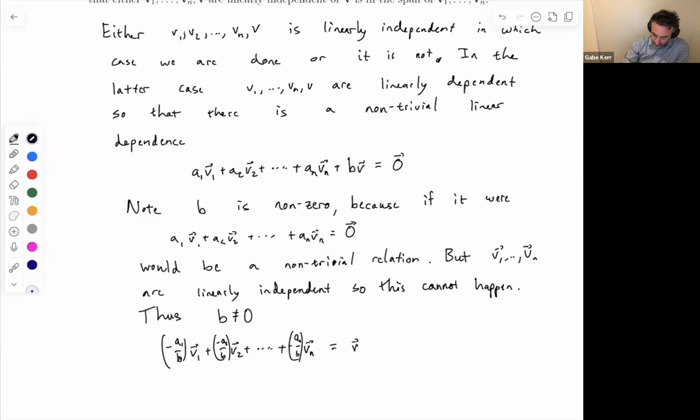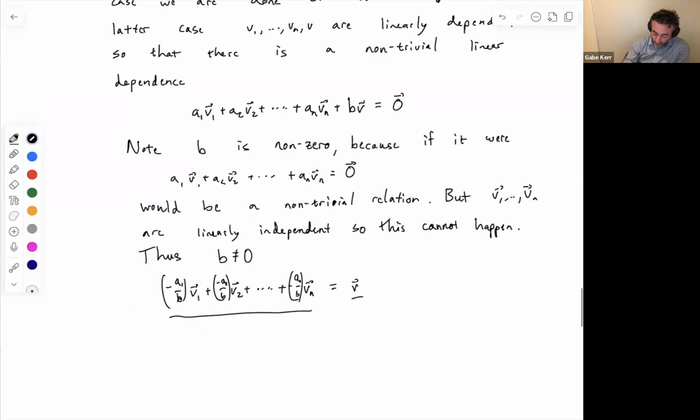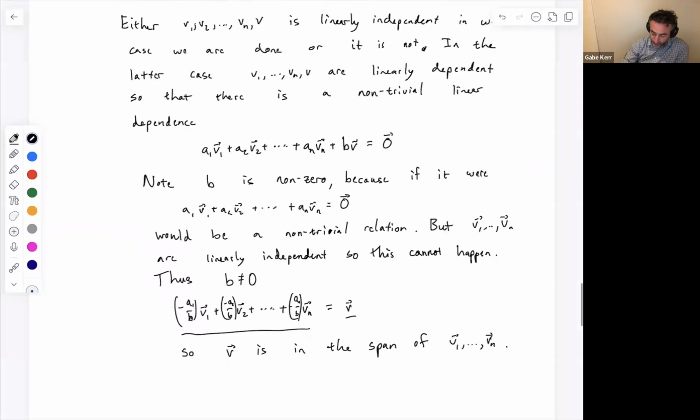We have that V is written as a linear combination of V1 through Vn. So V is in the span of the other ones. That's what we want to show.